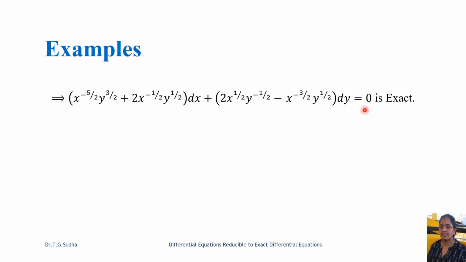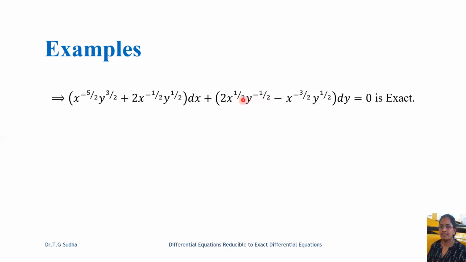And this expression becomes exact as we have multiplied by the integrating factor. And we know that this is in the form of M dx plus N dy equal to 0, which is exact now. Therefore, the solution is given by integral M dx keeping y constant, plus integral of the terms of N not containing x, into dy.